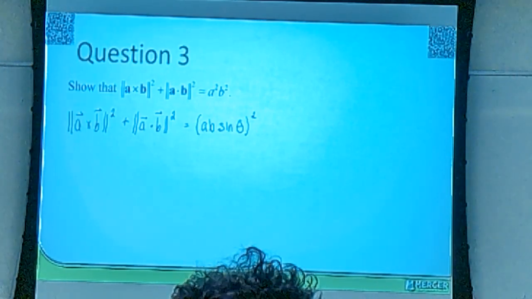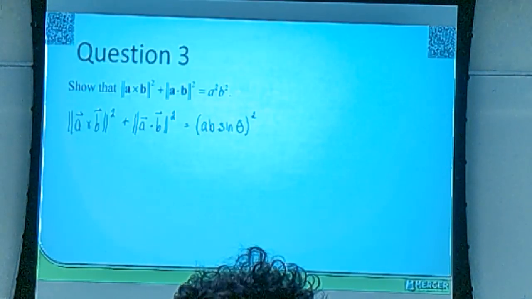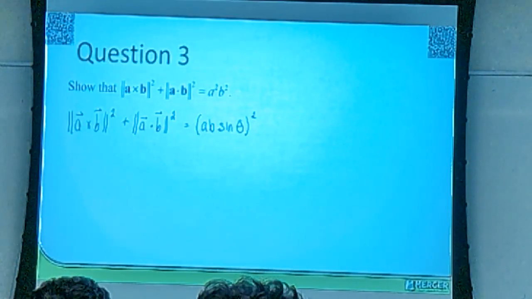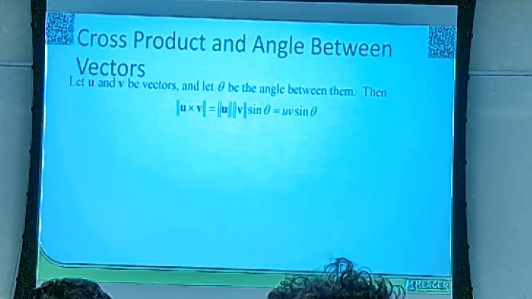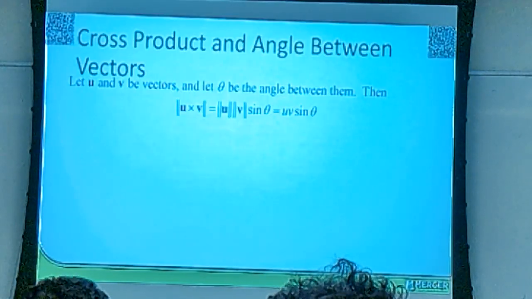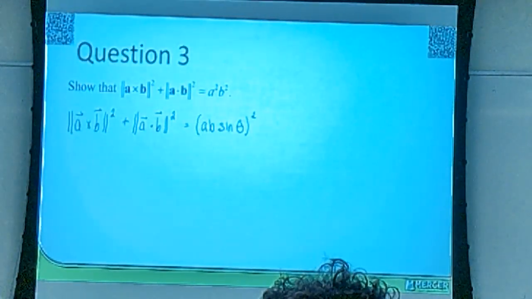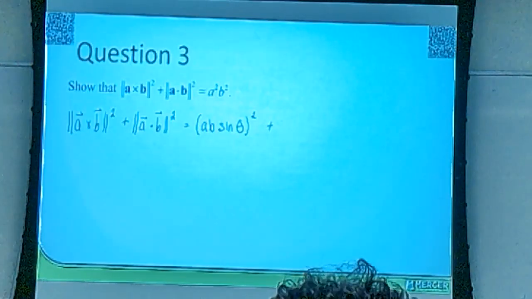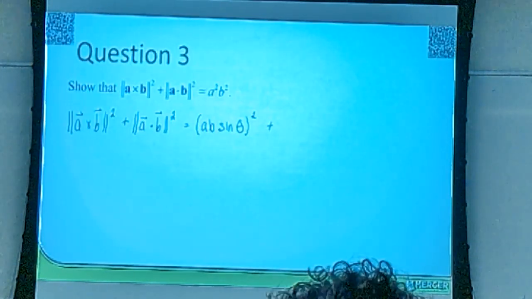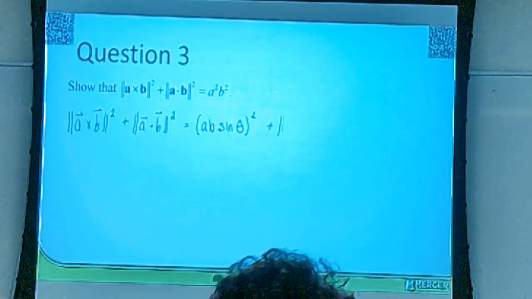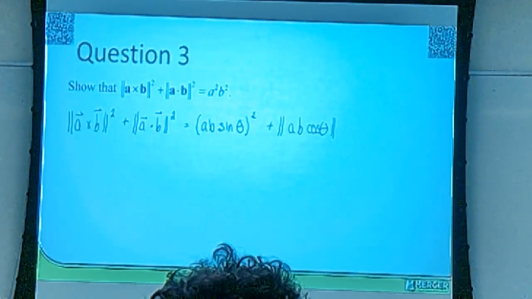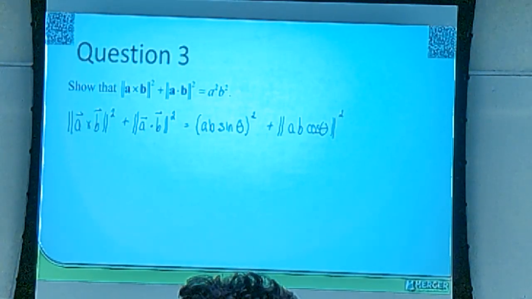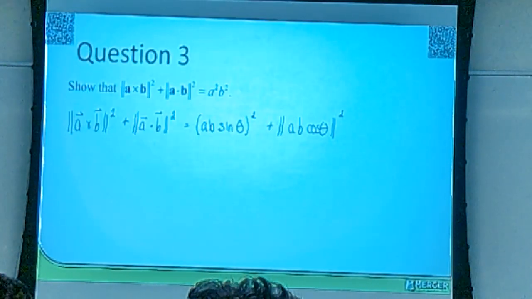That was one of the properties. So I'm just going to use that. But dot product: the dot product is the magnitude of A times magnitude of B times cosine theta.